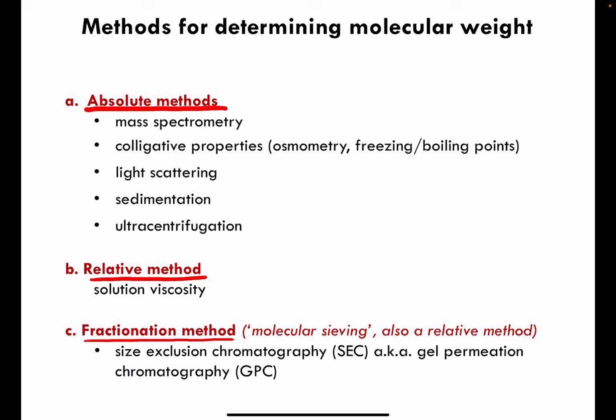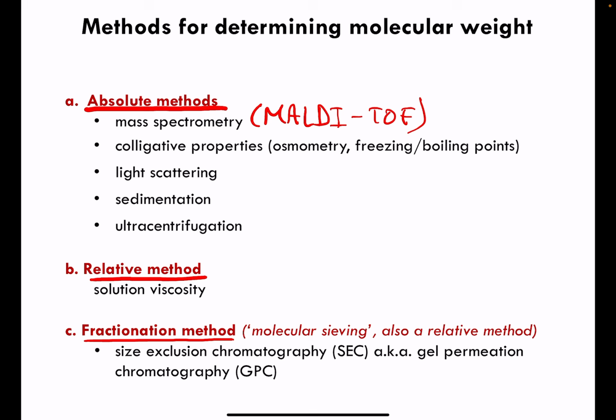For example, mass spectroscopy techniques like matrix-assisted laser desorption ionization time of flight spectroscopy is capable of massing individual molecules to determine the absolute molecular weight to a lot of precision, a lot of decimal points.